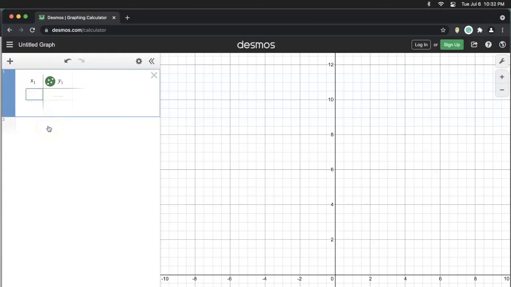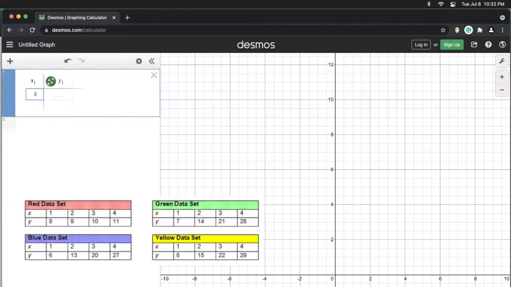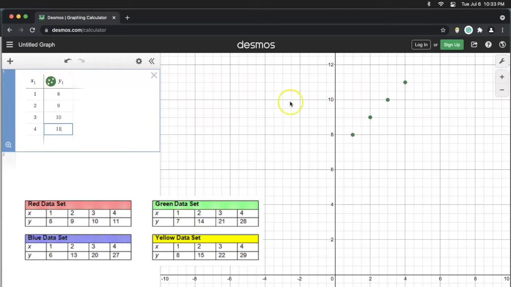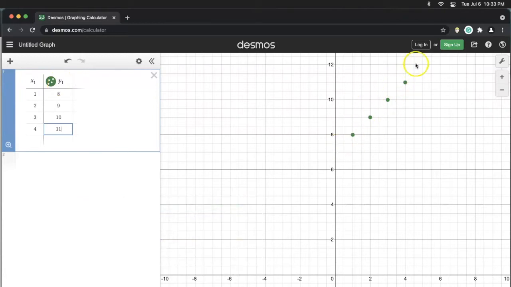So I'm going to go ahead and enter the data set that I see here for red. So this is 1, and then the y is 8. And let's just enter the rest of the x's, 1, 2, 3, 4, 8, 9, 10, 11. And looking at this line, if I were to connect it, does that look like it's going to go through 0?